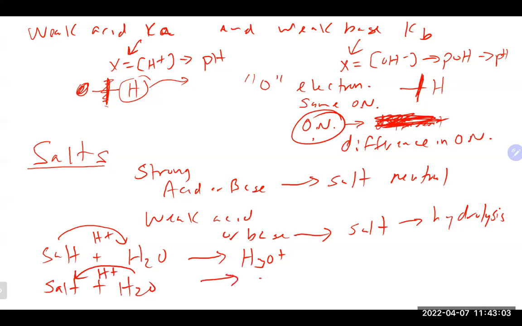The result is you're going to produce hydroxide, which will make it a basic solution. And as we talked about, it's important to know that in the first situation I should be using a Ka, and in this situation I definitely should be using a Kb.